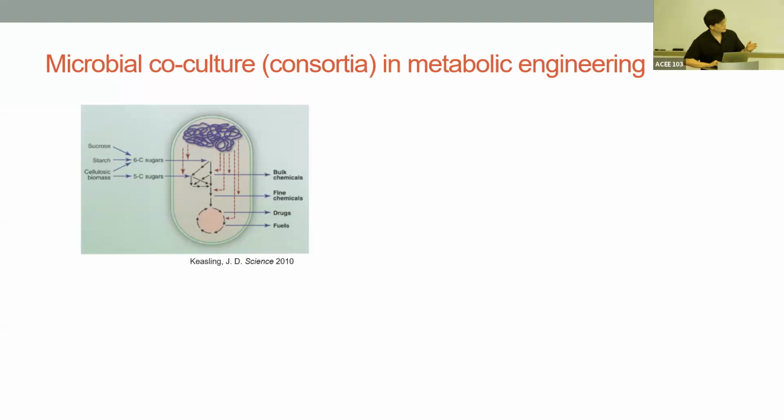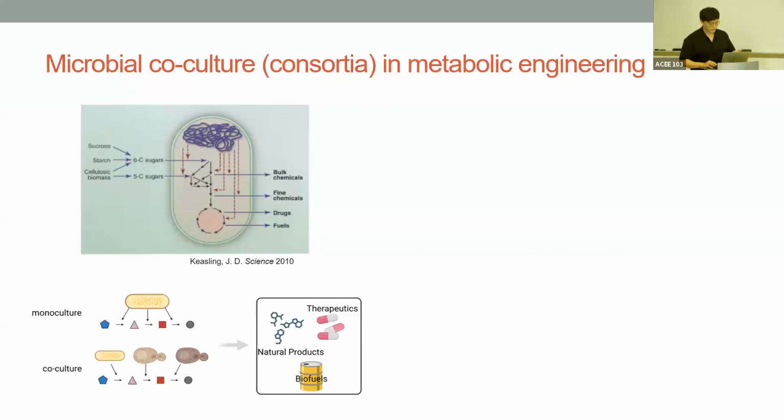And how you do that is rewiring microbial metabolism. You can either rewire or you can put in a synthetic pathway into different microorganisms, such as bacteria or yeast, to produce as much valuable chemical as possible.